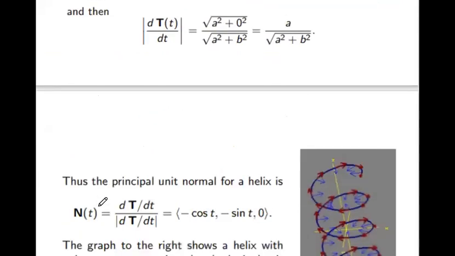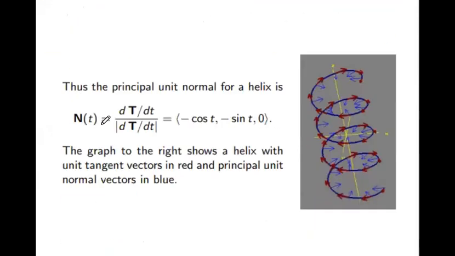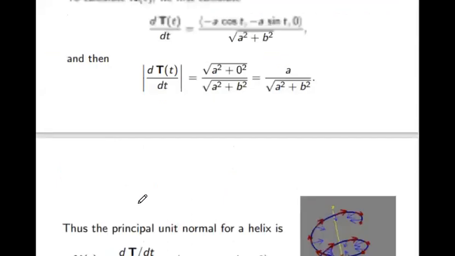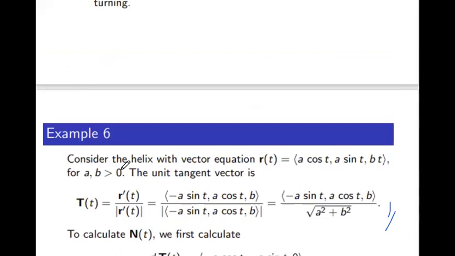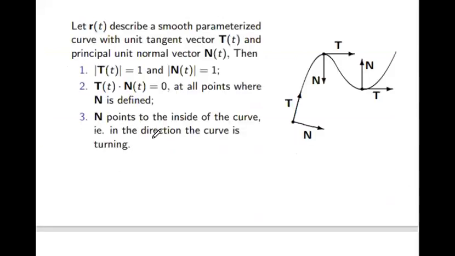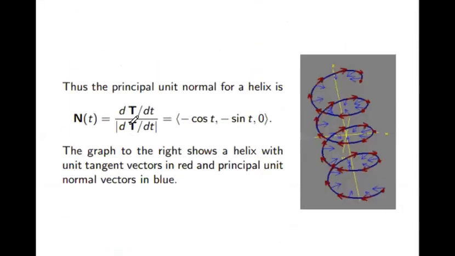How do you find the direction of N, the direction the curve turns? If you plot this, you will realize it. I don't see my screen well, it is a little dark. Can you see this graph?